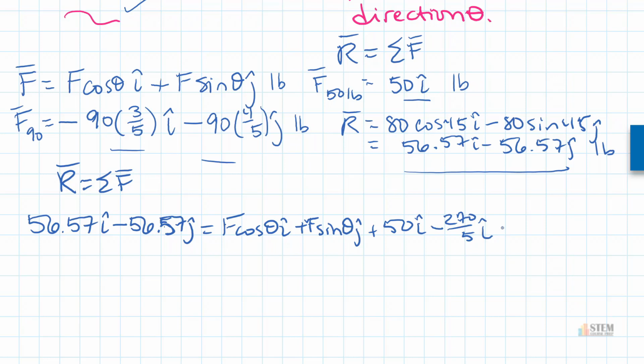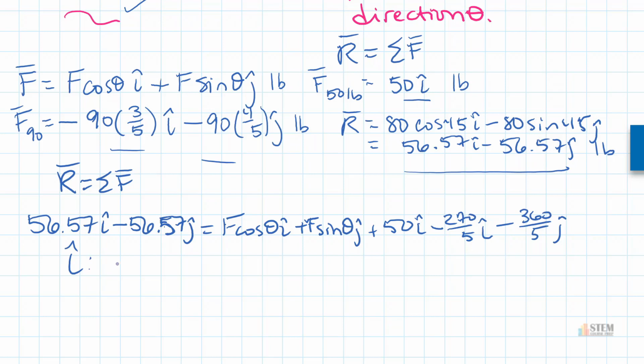And let's see. So that'll be 360 over 5j. So now we've got all of this written out. Now remember, the i and j components are like two separate things. You can't mix and match them. So what we want to do is separate out the i components and then the j components.